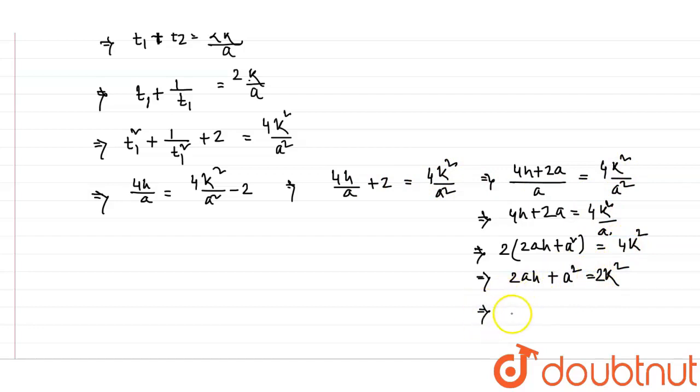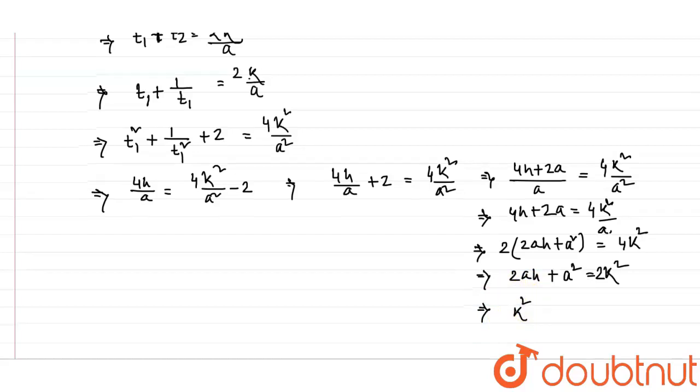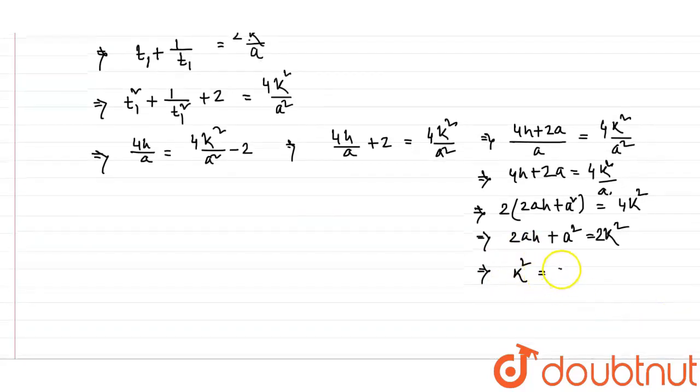So this can be written as k square is equal to ah plus, after dividing, a square by 2.